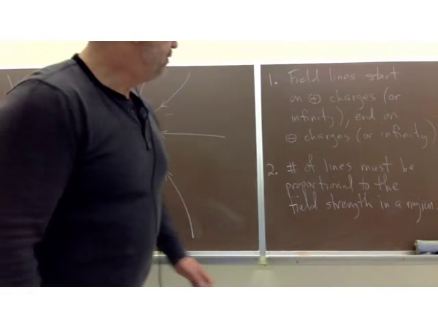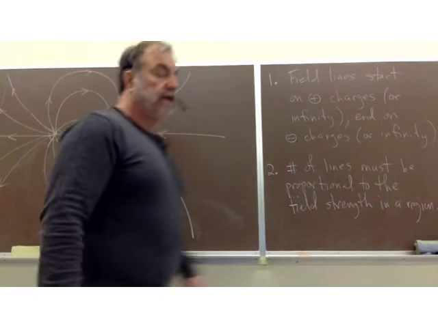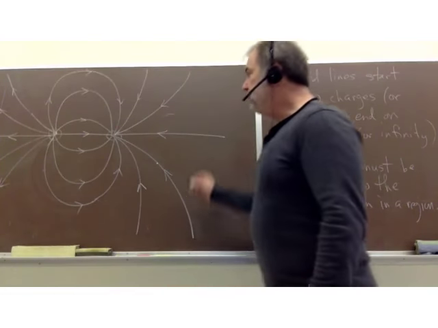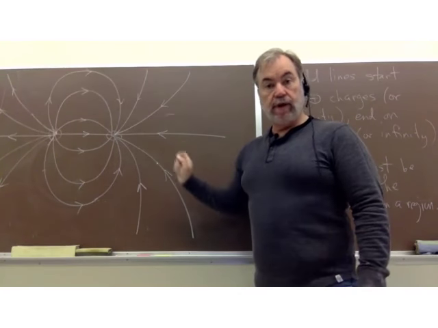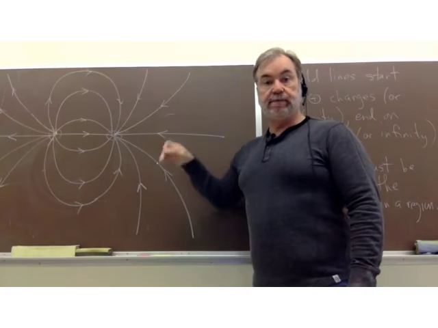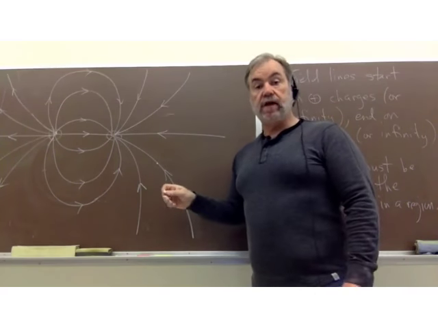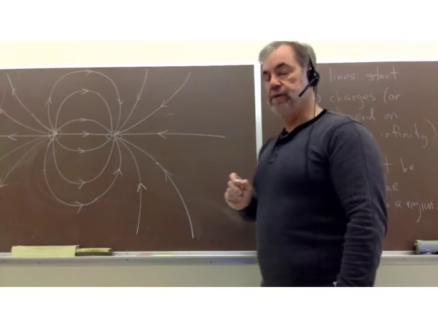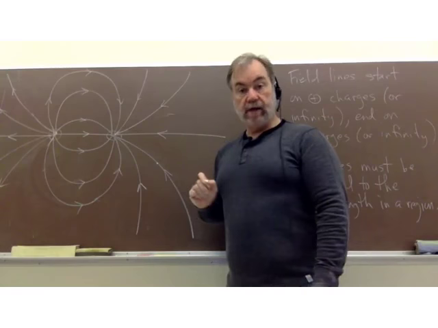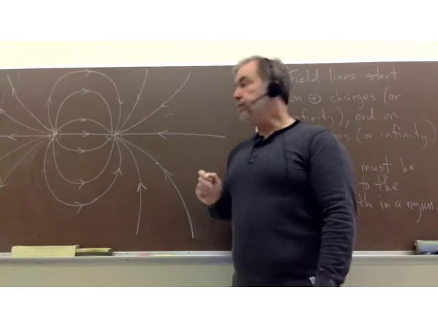So that's that rule, and basically it goes like this. If you think the field strength is, let us say, twice as large in one area as it is in some other area, then you should have twice as many field lines per square meter, let's say, or per square centimeter in the higher magnitude region than you do in the lower magnitude region.